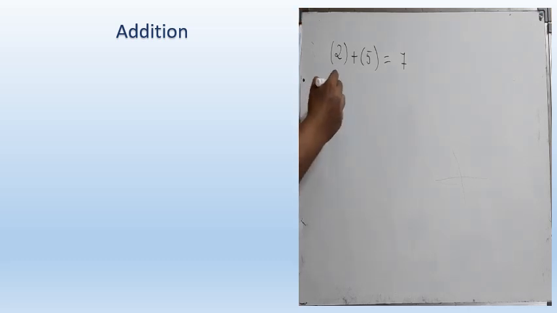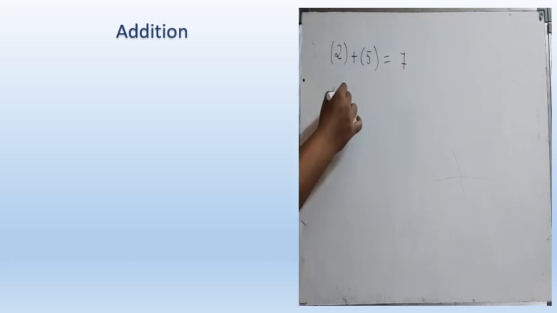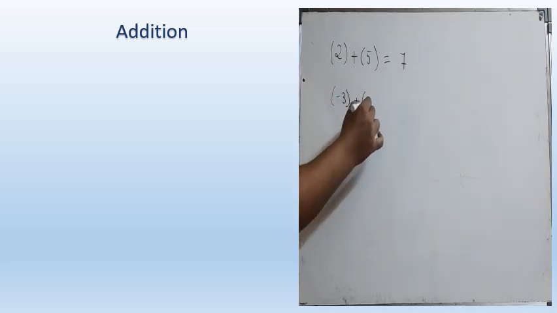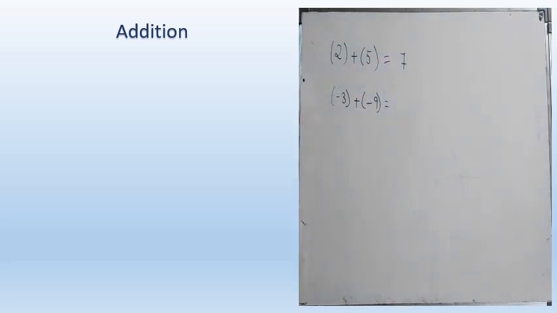Example number 2. Now consider we have two numbers which have a negative sign, like minus 3 plus minus 9. Again, we are supposed to add these two numbers. Now we are not going to look at the sign of the integers. We are just going to add the two numbers.